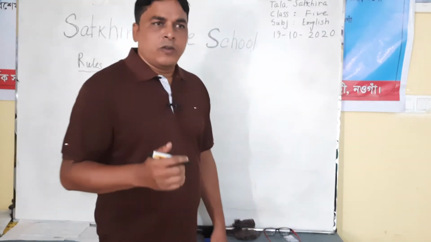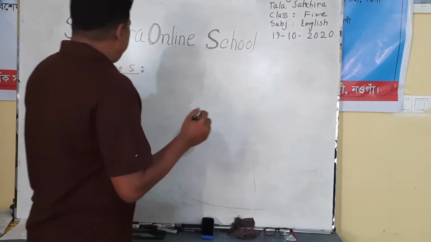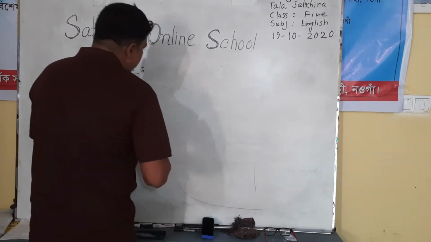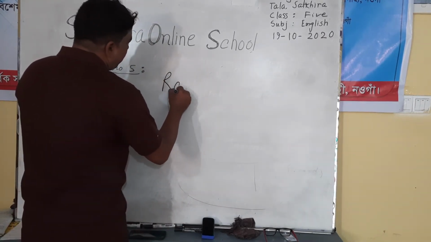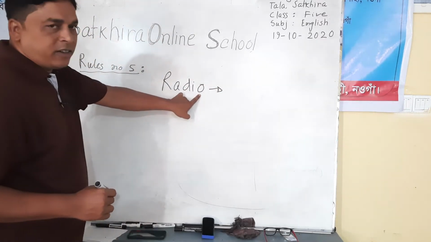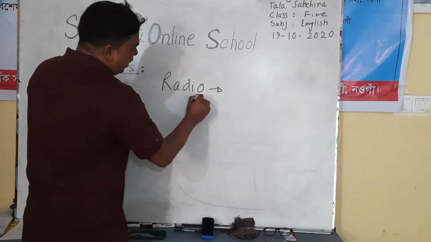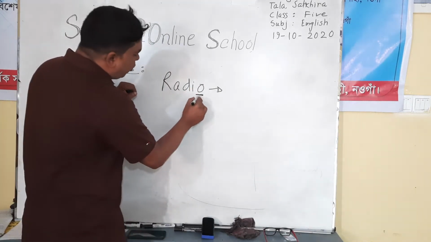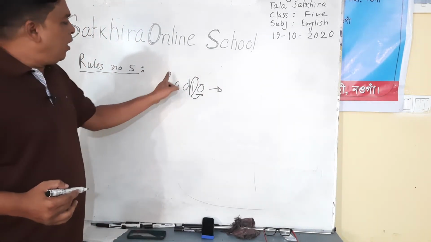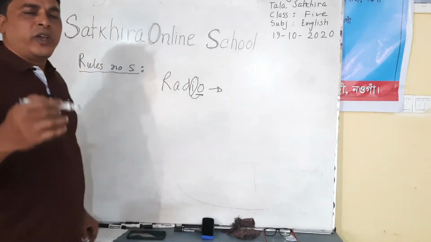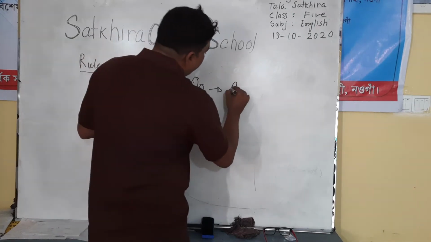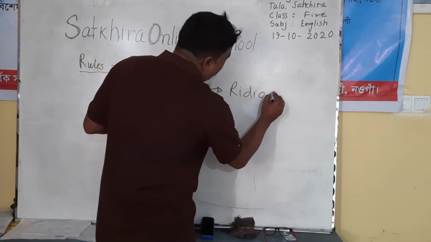Like radio. If the last letter is O and before O the letter is a vowel, then by adding S we can change it to plural. So radio will be radios, radio plus S.